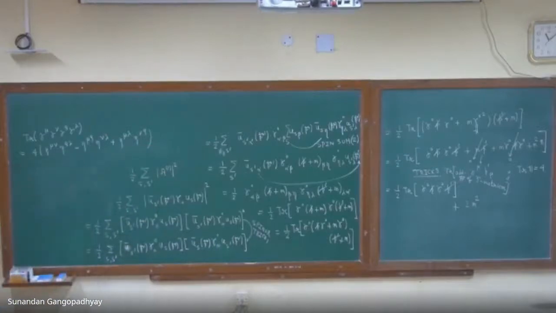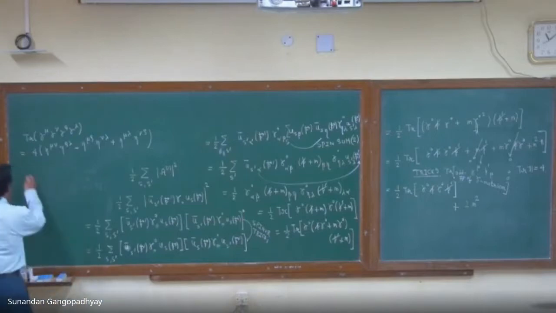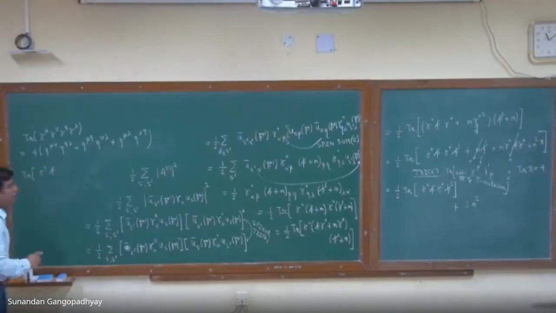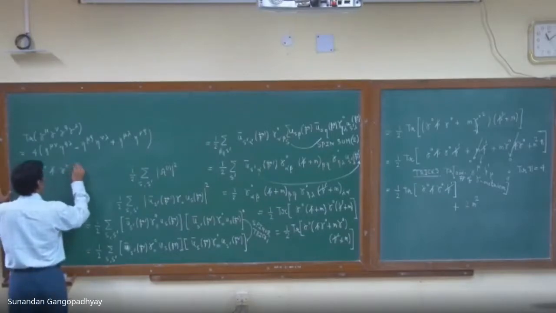So we have to use this formula, and our aim is to calculate trace of gamma 0 p slash, then gamma 0 p prime slash.